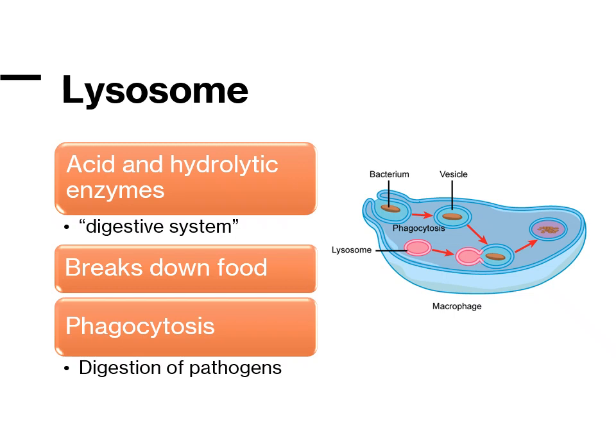Let's consider a situation like a bacterial infection inside your body. You have specialized types of white blood cells whose job it is to get rid of those bacteria, and they start to do that with a process called phagocytosis, kind of like cellular eating. They use the plasma membrane to envelop the bacterium until the membrane pinches off into a vesicle. That vesicle will be transported to and fused with a lysosome, a membrane sac containing acid and hydrolytic enzymes.